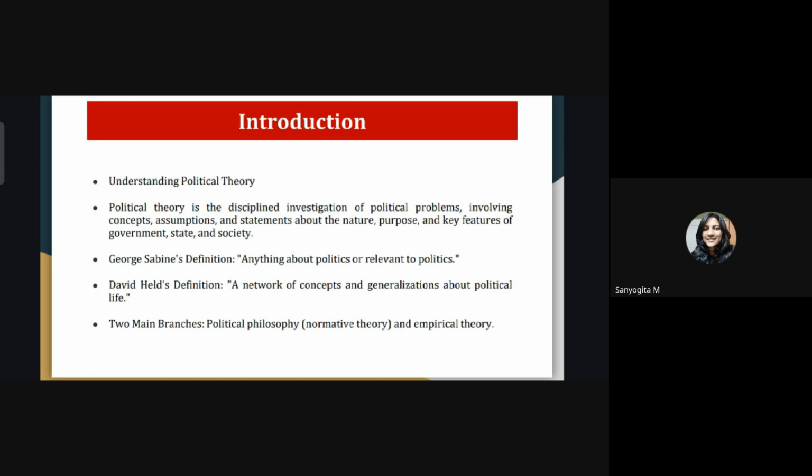Charles Merriam, a professor at Chicago University, led that revolution, and David Easton played a very crucial role in it.